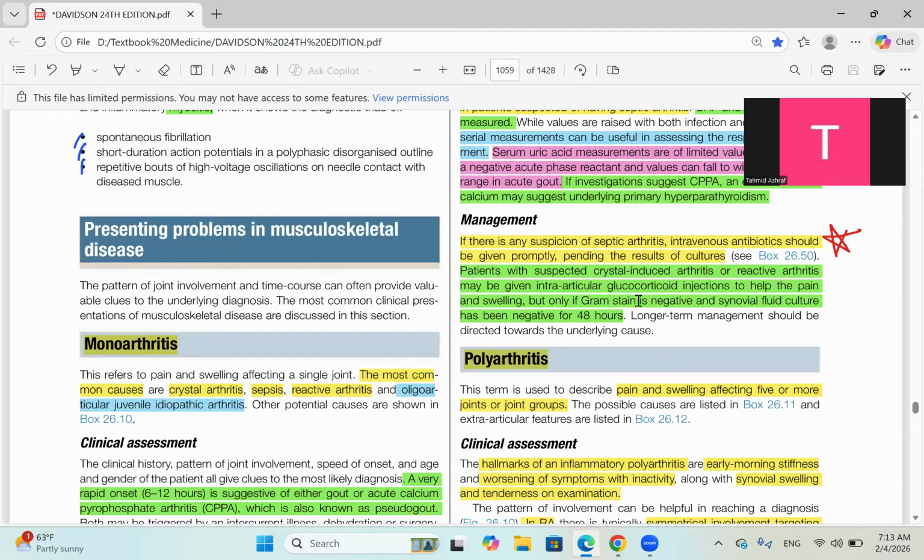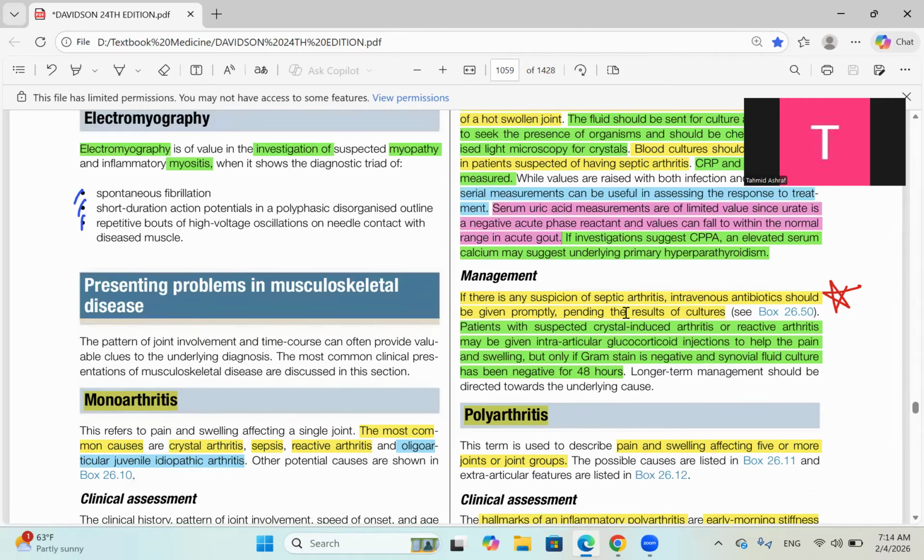So before giving the intra-articular injection, we first have to ensure that we have done the joint fluid study, the gram stain is negative in the joint fluid, and the culture report is negative at least for 48 hours.